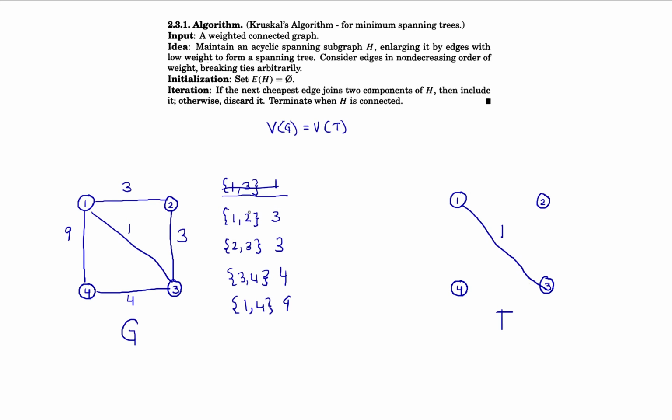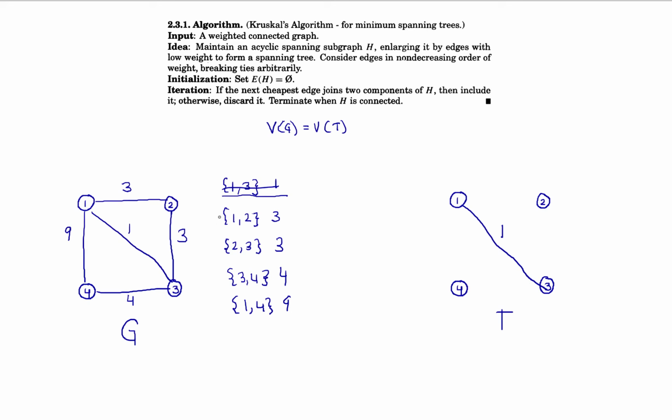So the next weighted edge that's available is 1, 2, which has a weight of 3. However, there are two things we have to keep in mind. One is that we cannot add an edge that will create a cycle in T. And then the second thing is that if we do have two edges of equal weight, as we again do here, I can add them arbitrarily to T as long as they do not create a cycle.